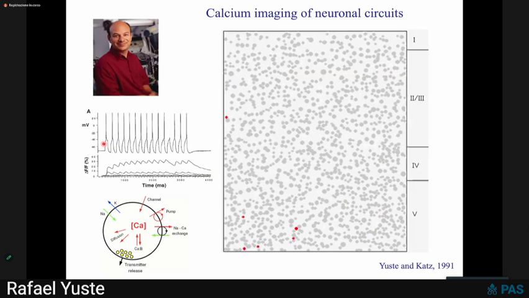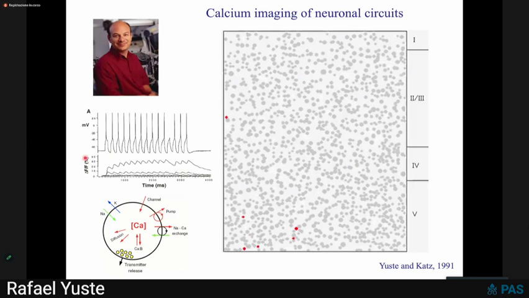Here on the top, you have a patch recording from one neuron, and in the bottom, you can see the fluorescent measurements of calcium. And in this movie, you can appreciate how this is an analyzed movie where we're looking at about 500 neurons in mouse cortical V1. And there are changes in intracellular free calcium that correspond again to the action potentials.